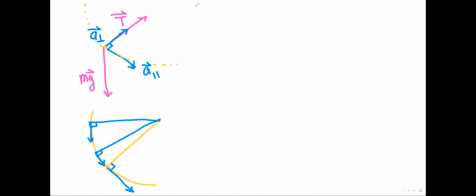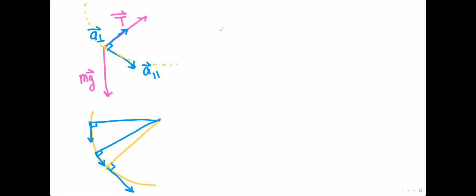Okay, so they asked us to use conservation of total energy to determine the velocity as a function of the angle. Let me just take a look again. Yeah, it says use conservation of total energy to determine the speed as a function of theta.